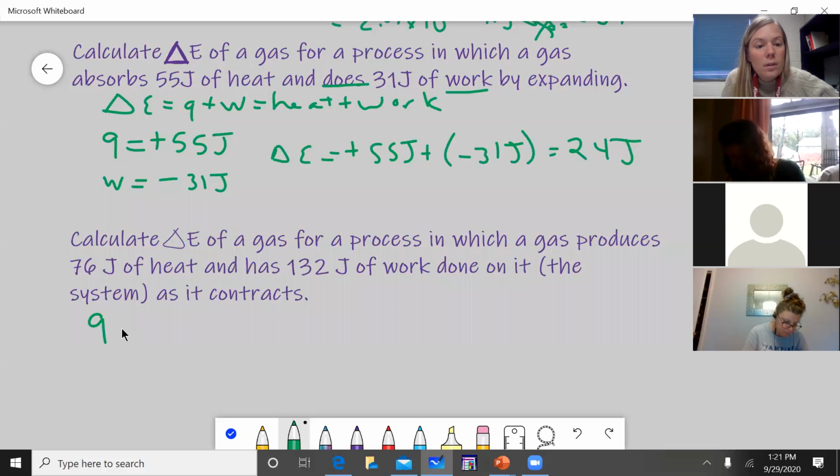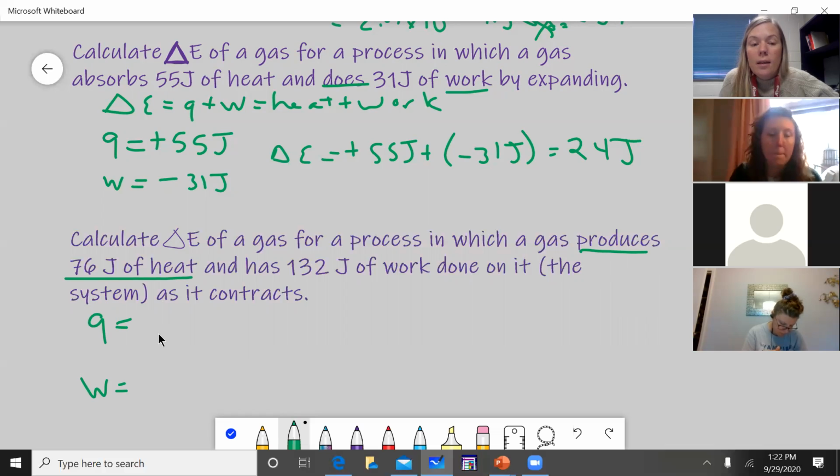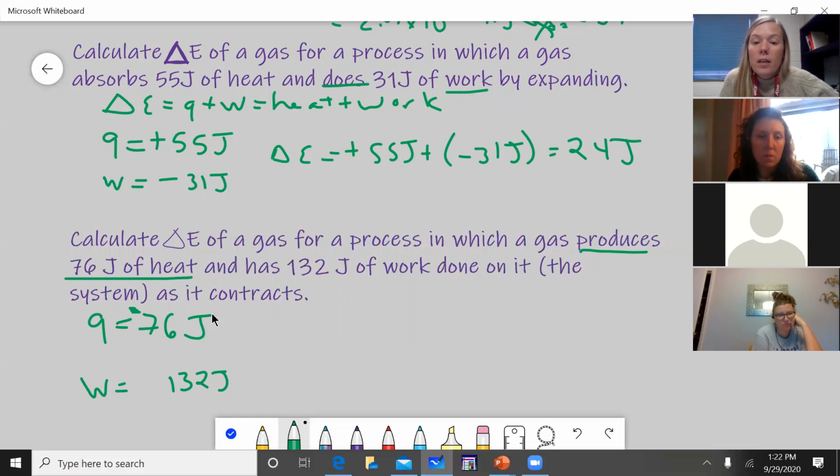Okay, so for this one, let's figure out our Q and our W. Q is heat. It says it produces that much heat, so we're releasing that heat to the surrounding environment, 76 joules, and this is going to get a negative value, negative 76. It has 132 joules of work done on it. That means that the surrounding environment is putting that work into the system, so the second value should be positive.